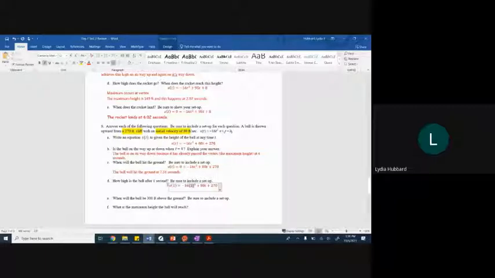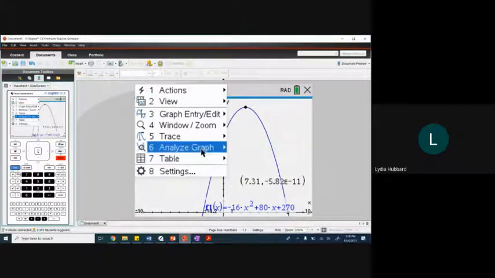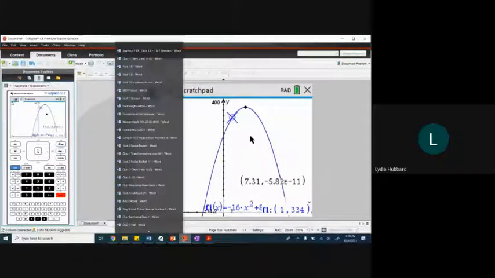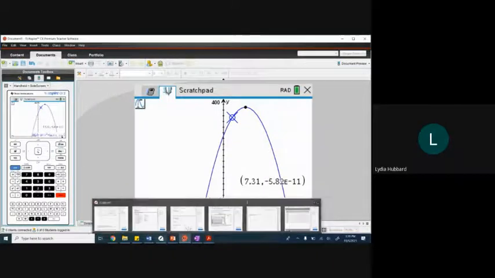So everywhere we see a t, we're plugging in 1. You can either type this into a calculator, as long as you keep the parentheses, you should be all right. Or we can hop back over to our graph, hit menu, trace, graph trace, and type in 1 and hit enter. It gives us that value: 334 feet.